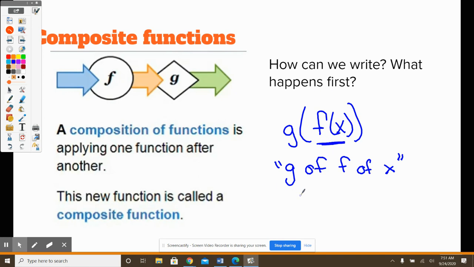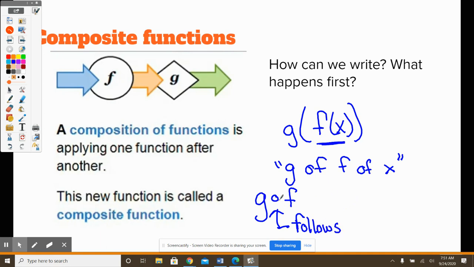This can also be written like this: G, open circle, F. You could also say G of F when you read it. Think of the open circle as an of sign. It's a composite symbol, but this symbol actually means follows.